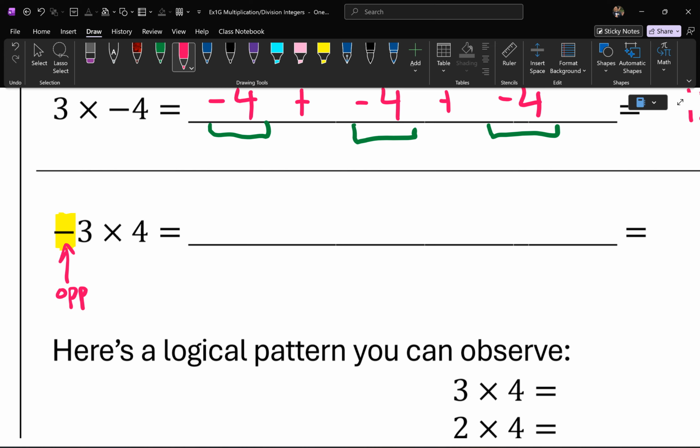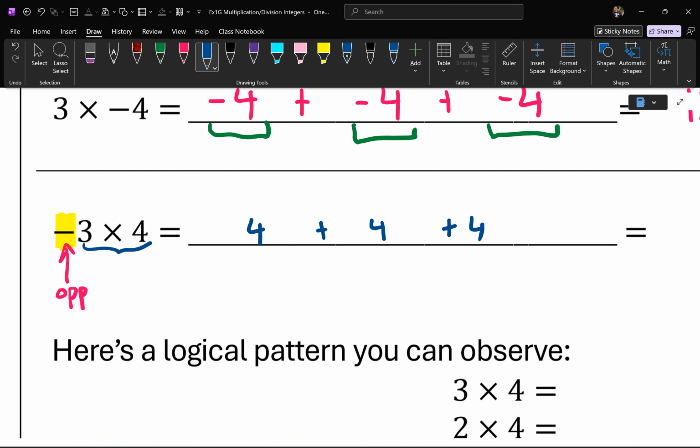All right. So this is exactly the same as saying the opposite of 3 groups of 4. Whatever 3 groups of 4 is, we're going to do the opposite of that result, because that's what it's saying. 3 groups of 4 means, well, I know 1 group of 4: this is positive $4. 3 groups of positive 4 would look like this.